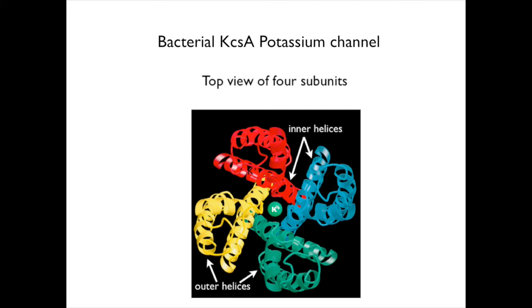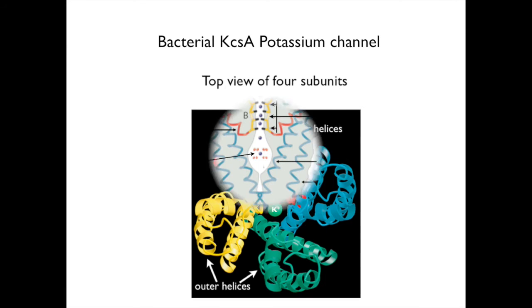The 2 segments correspond to the S5 and S6 segments of the Shaker potassium channel. This particular bacterial potassium channel does not have an S1 through S4, so it has no voltage sensor because it is gated by acidity rather than voltage.